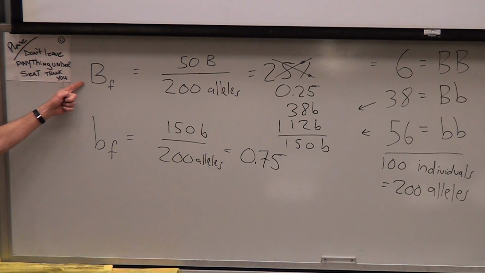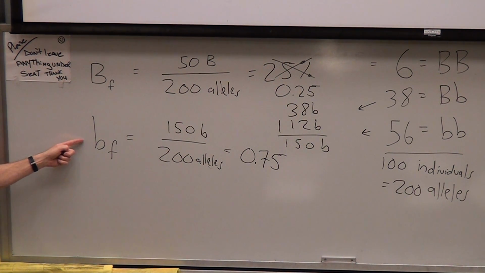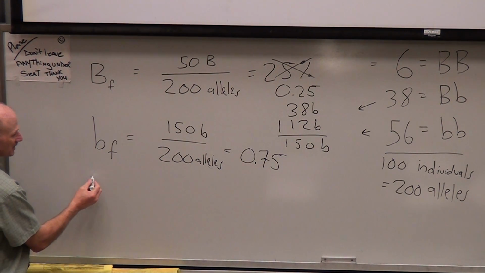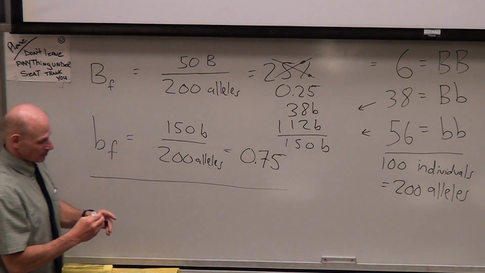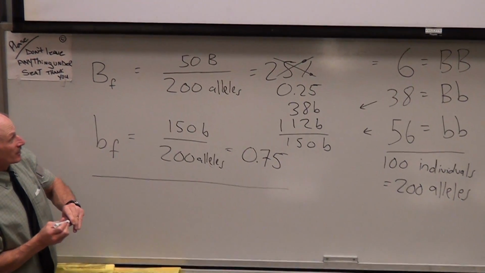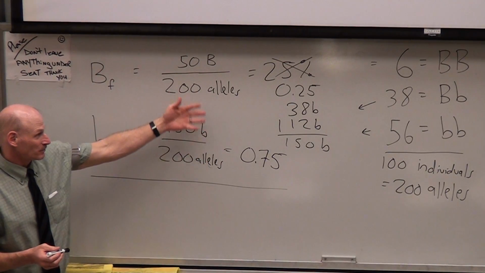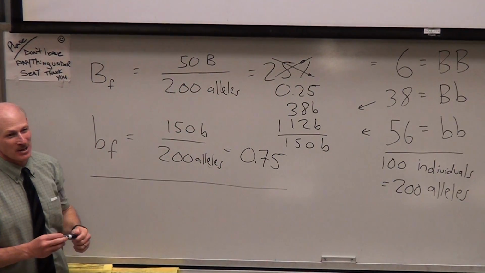All right. So there is how you figure the allele frequency of the dominant allele and the allele frequency of the recessive allele. And lastly, since those are the only 2 alleles, all alleles are either dominant or recessive, they have to add up to 1, or 100% if you want to think about it that way.